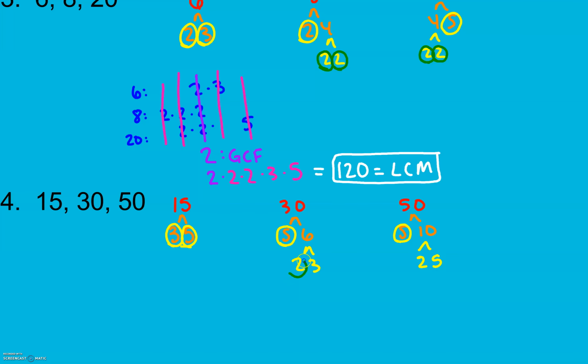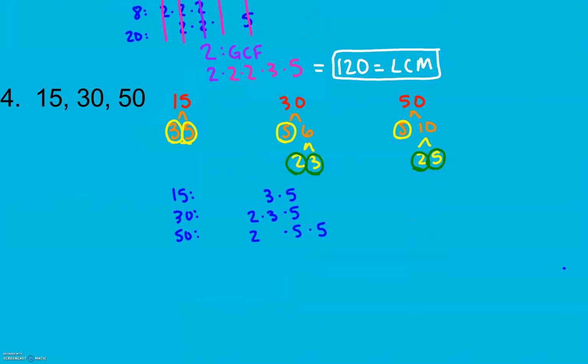And those are all prime now as well. So I can write my values in factored form. 15, 3 times 5. 30, 2 times 3 times 5. And 50, 2 times 5 times 5.